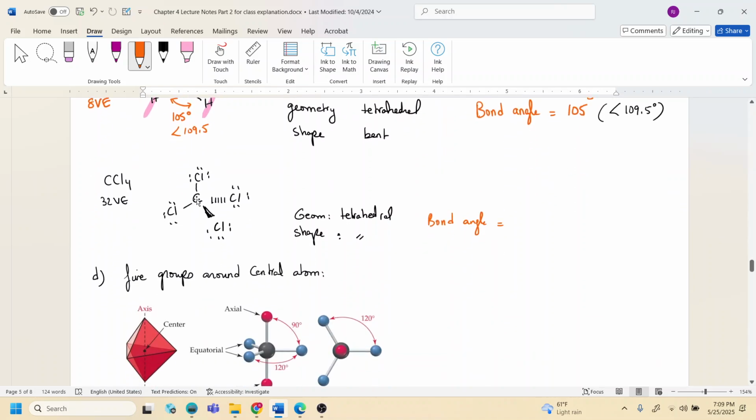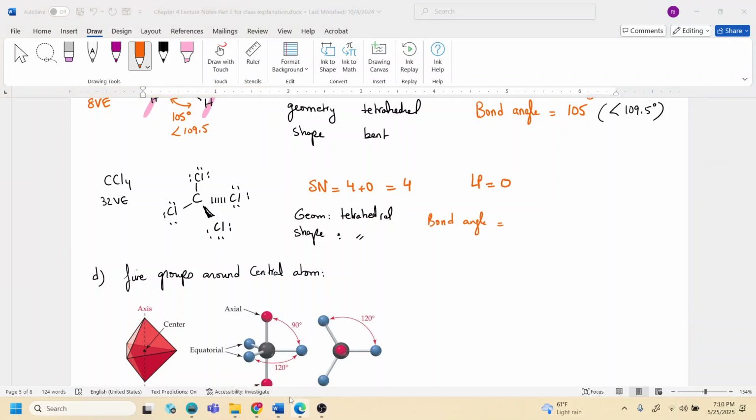Carbon tetrachloride. So these are all examples of tetrahedral geometry. So you do have a carbon, around it there are 4 chlorines. Please show it as a tetrahedral. So the steric number for this one is 4 plus 0, so that is equal to 4, and the lone pair is equal to 0.